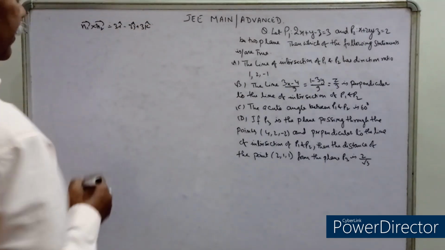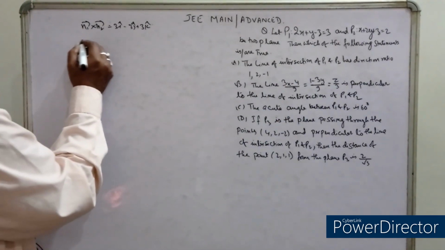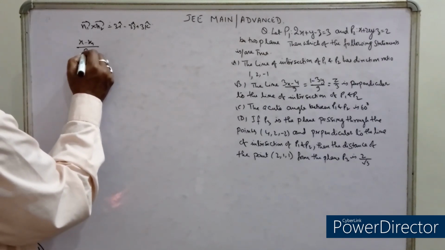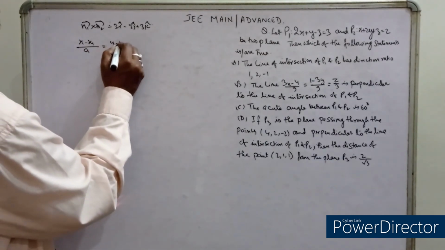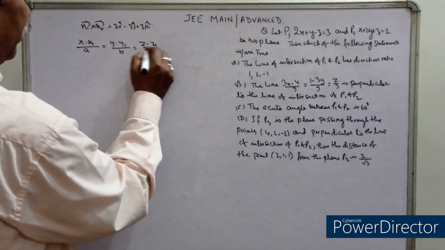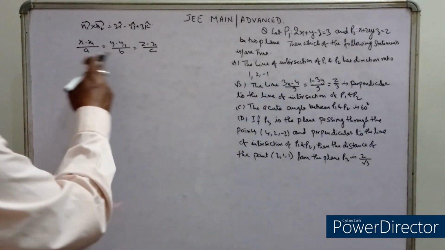This was your result. Now the equation of a line must be of the form x minus x1 by a equals y minus y1 by b equals z minus z1 by c, so I have to arrange this according to this.